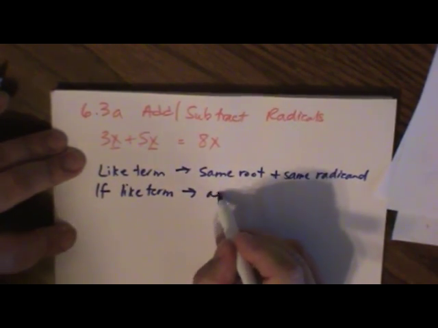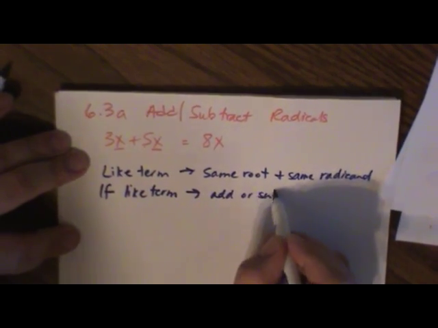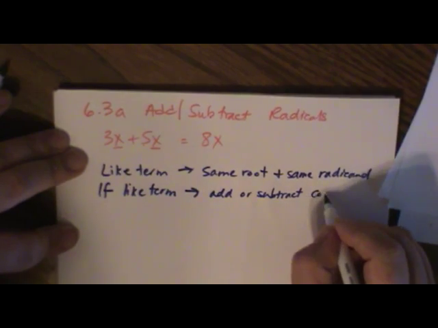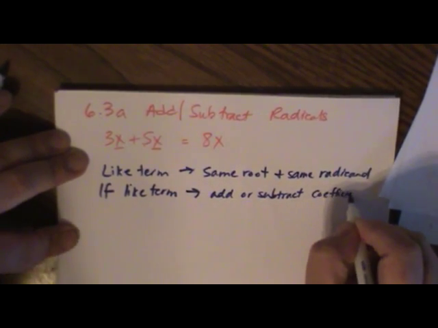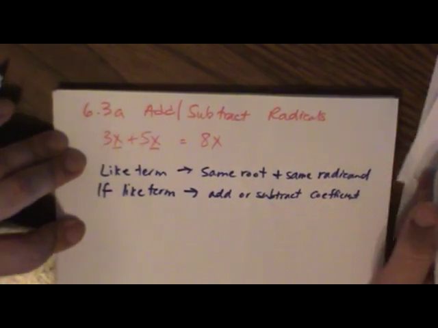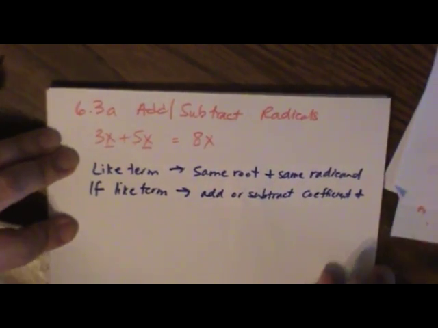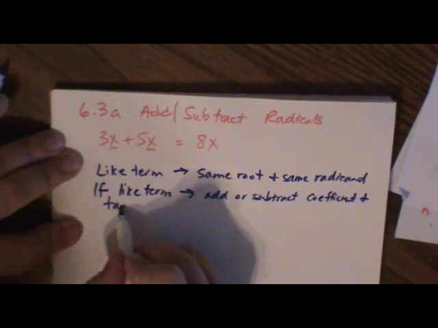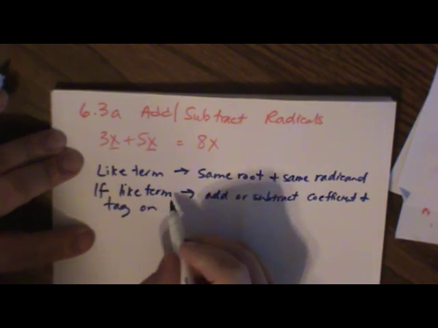You can add or subtract the coefficient, and then you tag on the like term part of it.